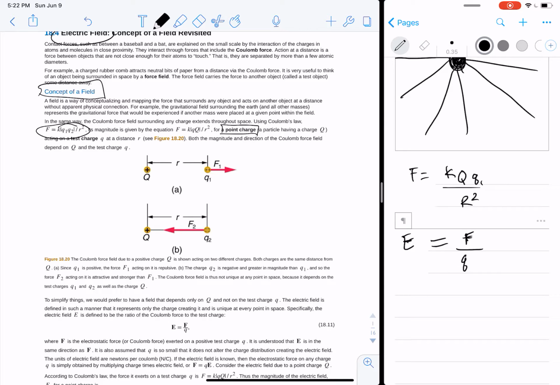Okay, and what that does is allows us to write K capital Q little q test charge over R squared, and then we're dividing by q, so that cancels the little q out, and so we're left with KQ over R squared.